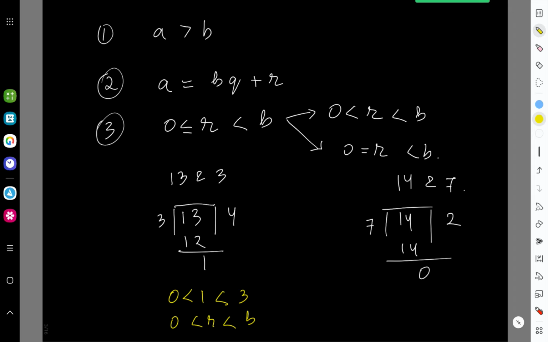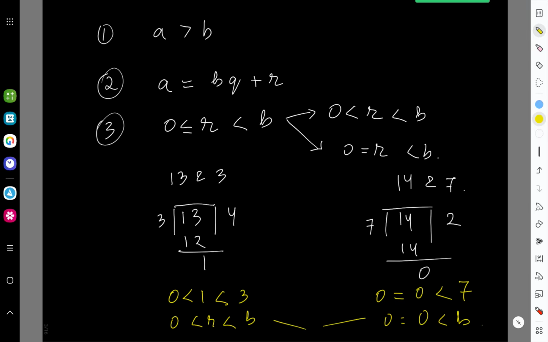Now coming to the second example, our remainder is 0, which is equal to 0, and this is less than 7, which is our divisor. If we express in general form, this satisfies the second condition mentioned above. Combining these two conditions, the examples that we have taken satisfy the condition that is mentioned in Euclid's division lemma.